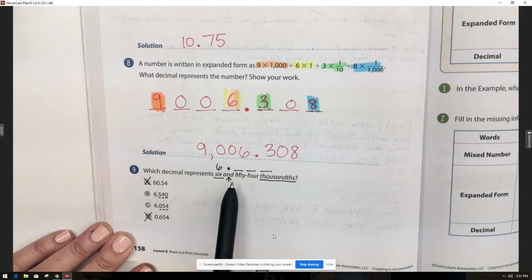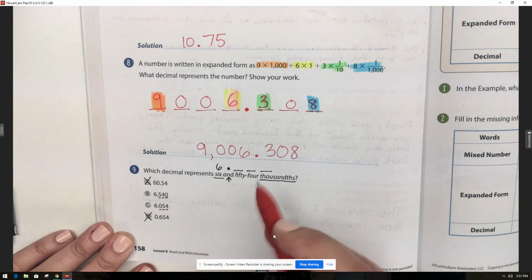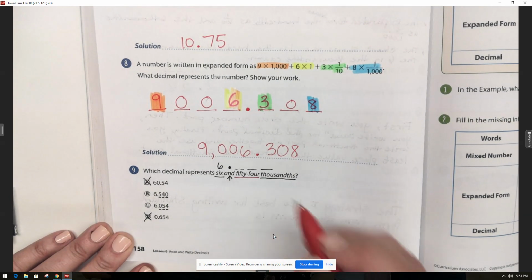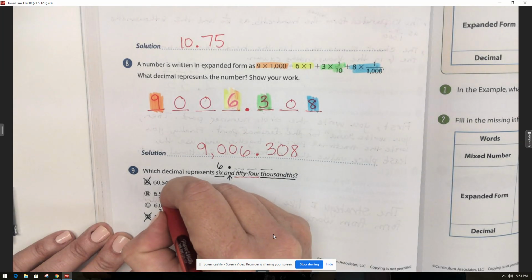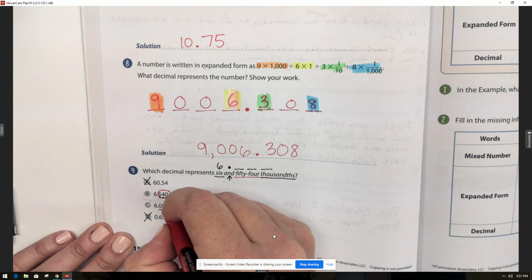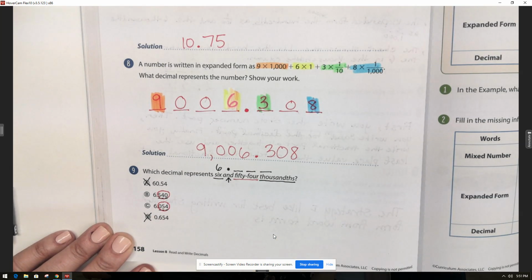So now I'm going to go, okay, 54. I need to look at this 54. So if I'm looking at everything that comes after the decimal, which one of these reads 54? Now in both, I see the 5 and the 4 together to read 54.